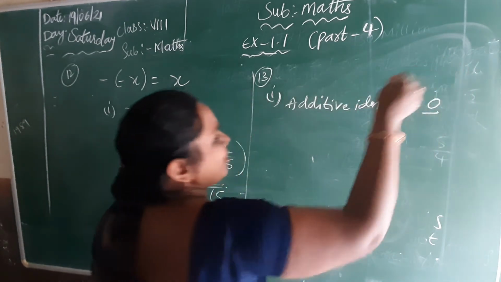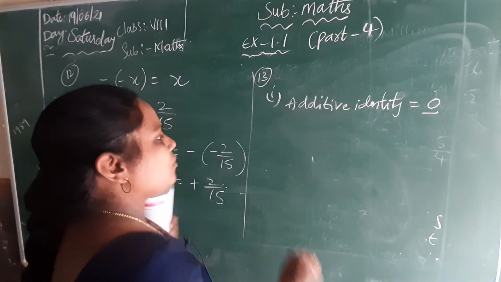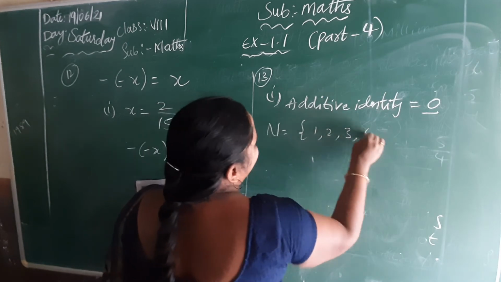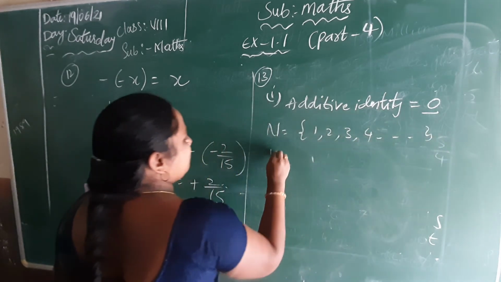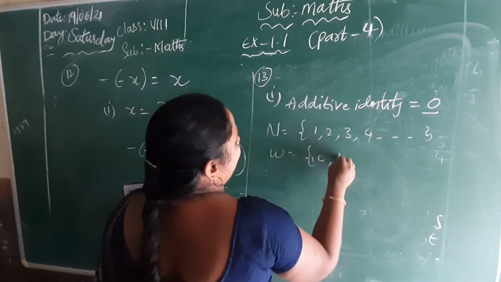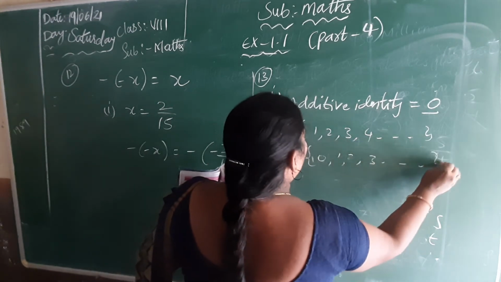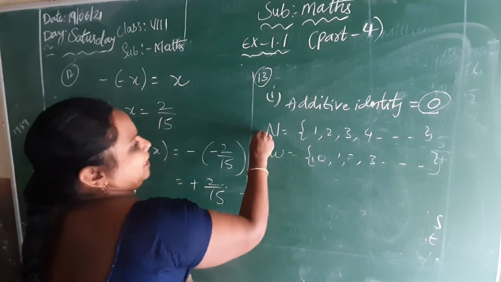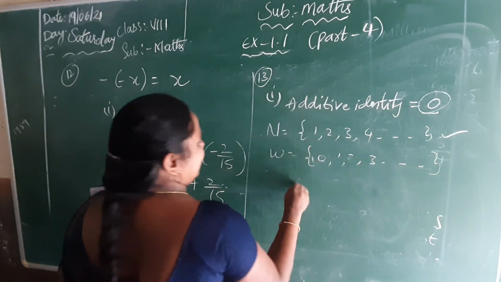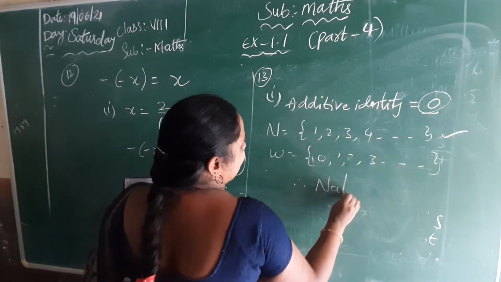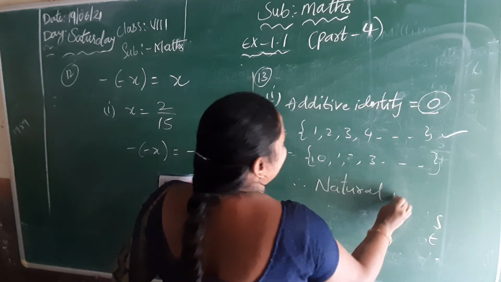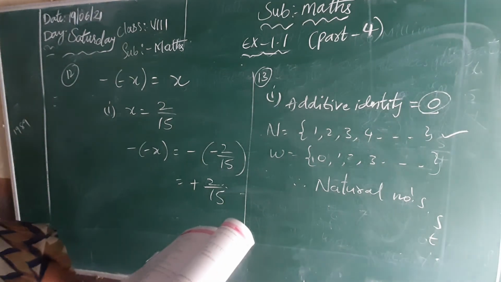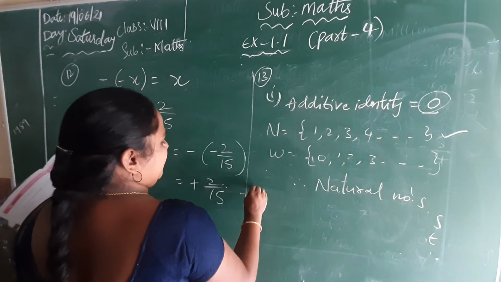So in which set of numbers will 0 not be there? Natural numbers come from 1 onwards. Whole numbers come from 0 onwards. So which set does not have 0? Natural numbers. That is the answer.